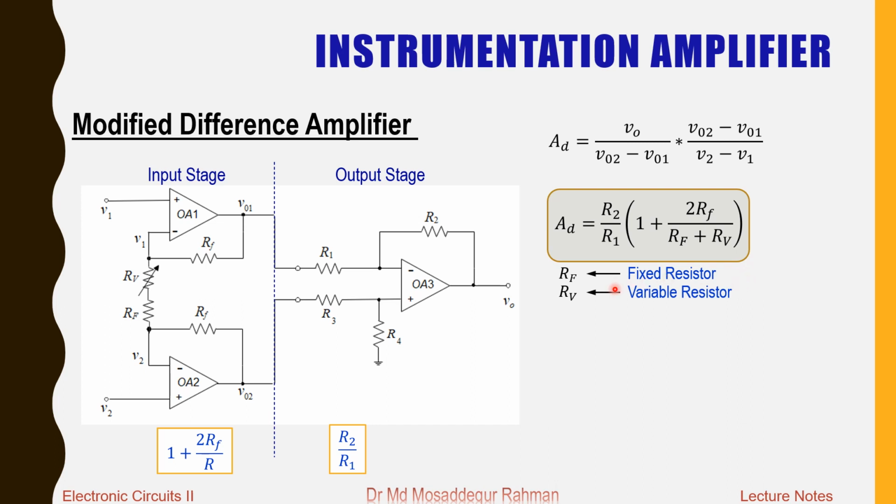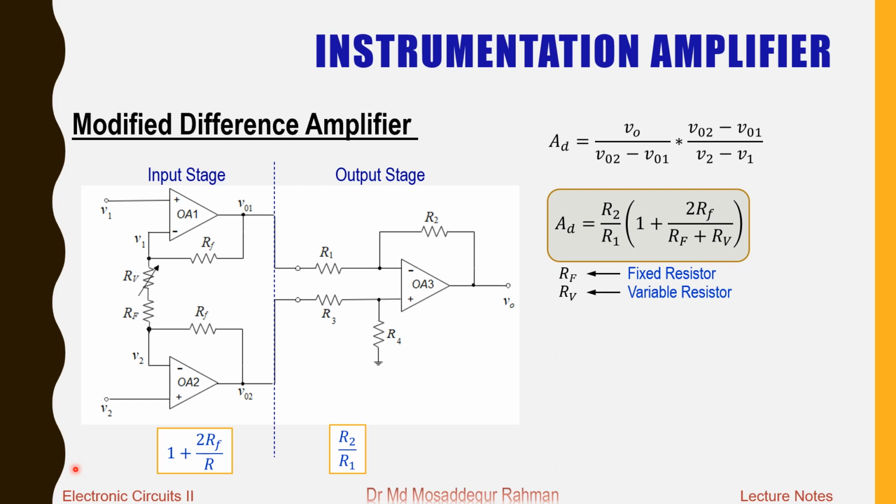So we have a fixed resistor in series with the variable resistor, and that we show in the diagram like this. We have the fixed resistor Rf in series with the variable resistor Rv. So this Rv can hit 0, it can become 0, but still you have Rf, and you can avoid short circuit at any point of time.